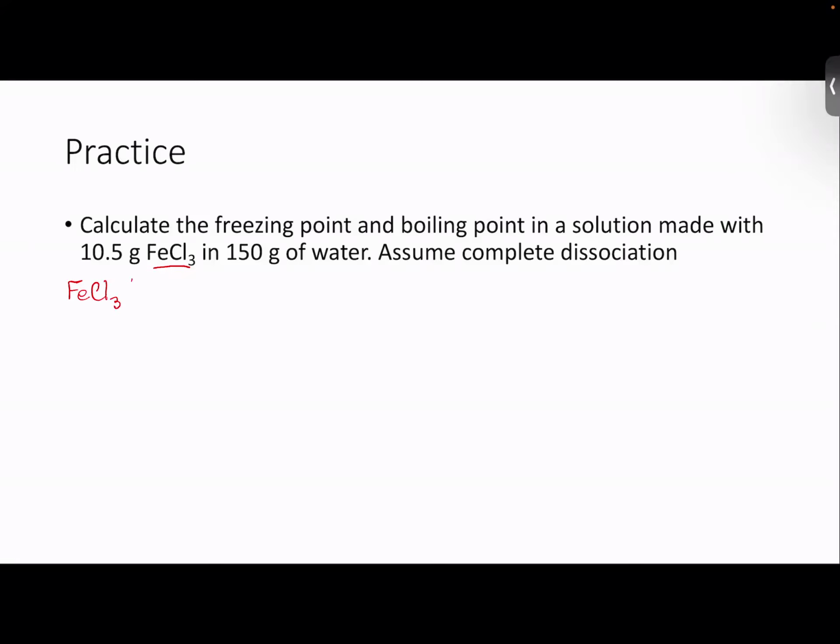That iron chloride is going to dissociate to form iron 3 ion and 3 chloride ions, meaning that we are dealing with 4 particles in solution. So that is going to be our expected Van Hoff factor.